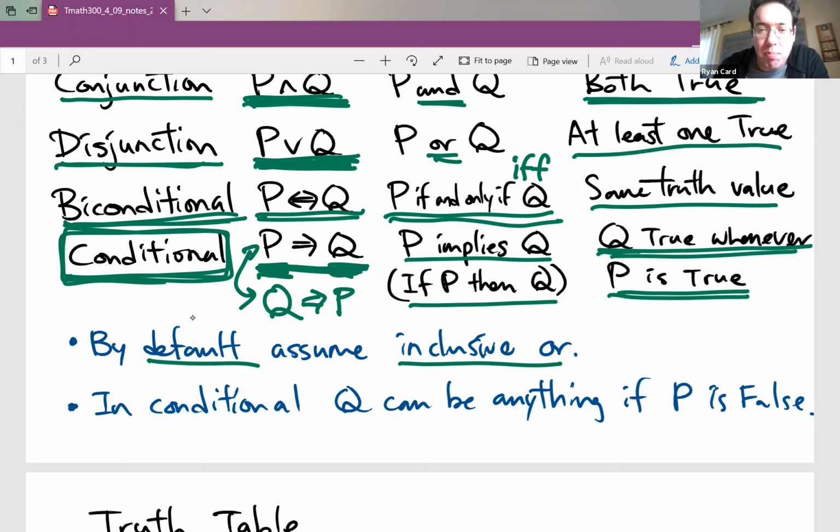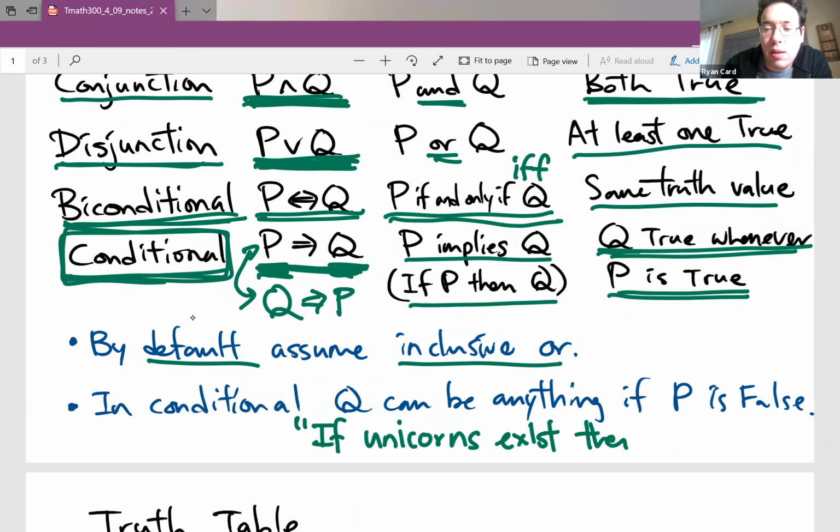The only thing that matters is the truth value of P and Q. They don't have to be related. So for example, if I say something like, if unicorns exist, then China is on the moon.